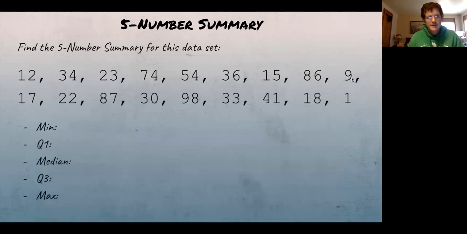So before we can find a 5-number summary, we want to put this data in order, because the median is determined by having all your data in order. You guys can just work independently for a minute. I'll write my numbers up on screen, but you might want to copy this data set down onto some scratch paper, and we'll work through getting the 5-number summary.